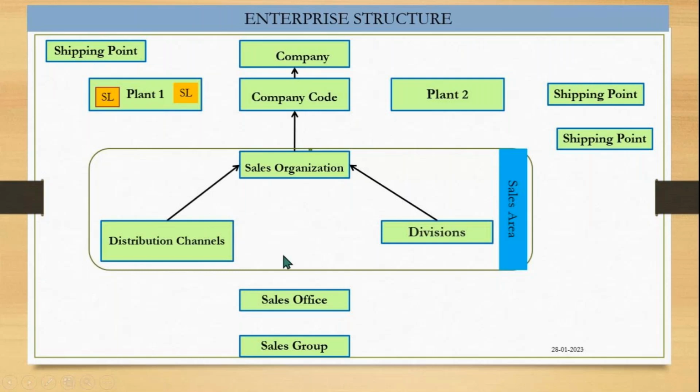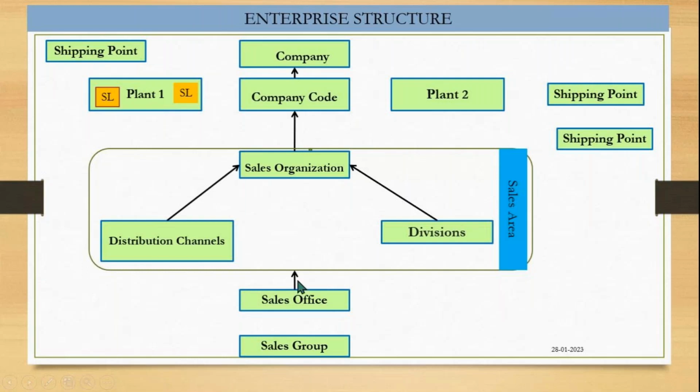Once the sales area is ready, then see, earlier they were defined individually. Now I am making the assignments, the connections, otherwise it will not work. See, the sales office I have defined. Where are we assigning the sales office? I am not assigning the sales office directly to sales organization, not directly to distribution channel, not directly to division. The sales office is assigned to the sales area.